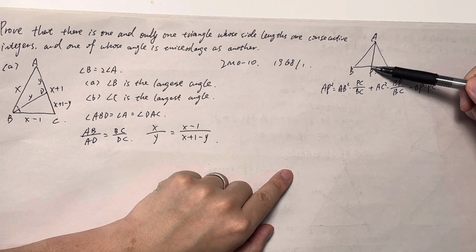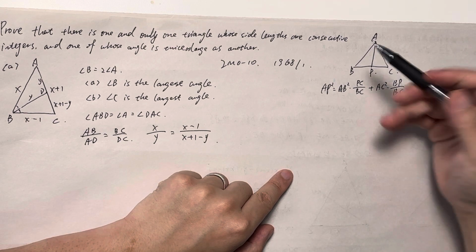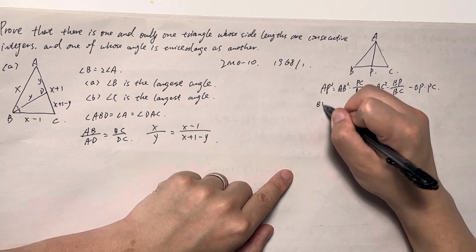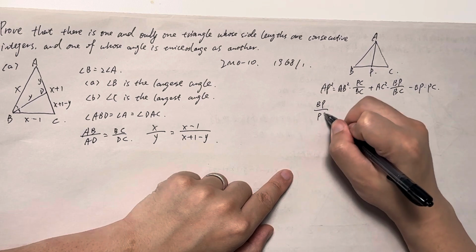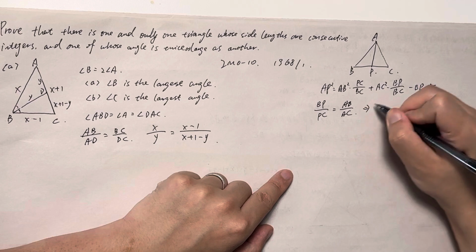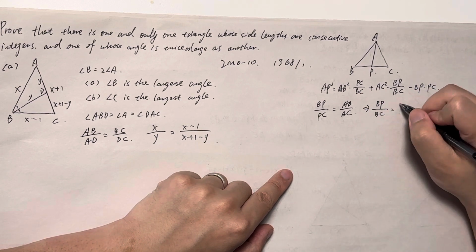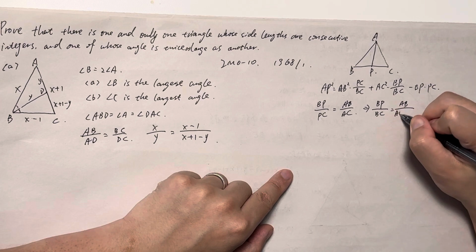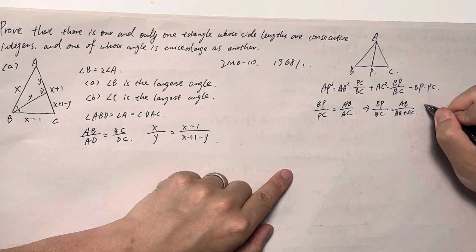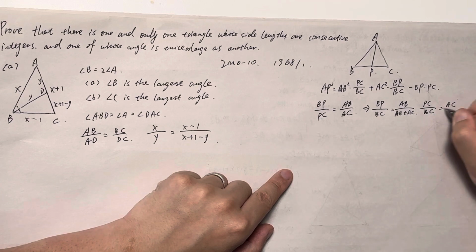If AP is the angle bisector of angle BAC, then BP divided by PC equals AB divided by AC, which means BP to BC equals AB to AB plus AC, and PC to BC equals AC to AB plus AC.